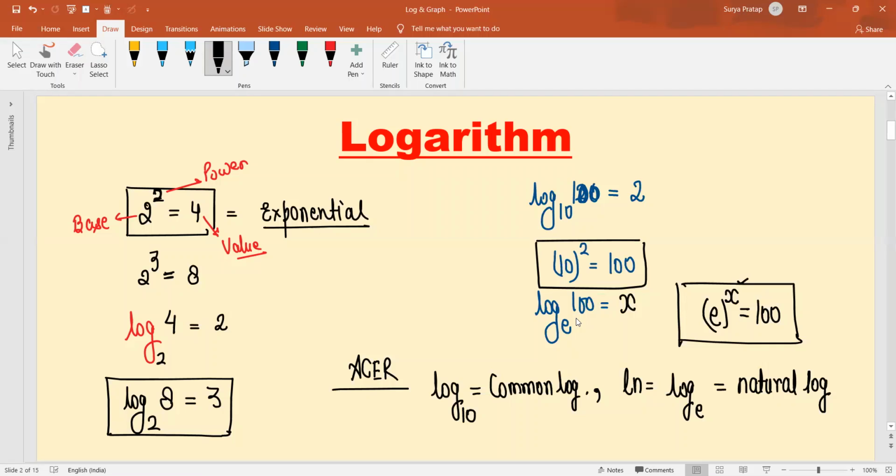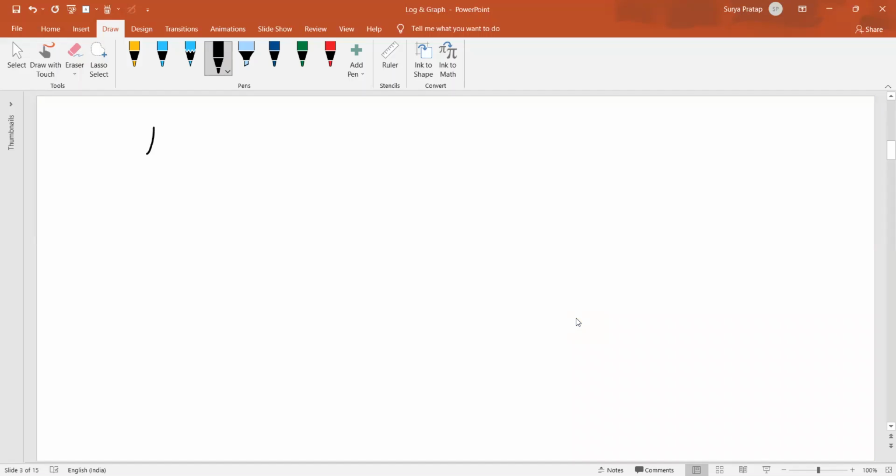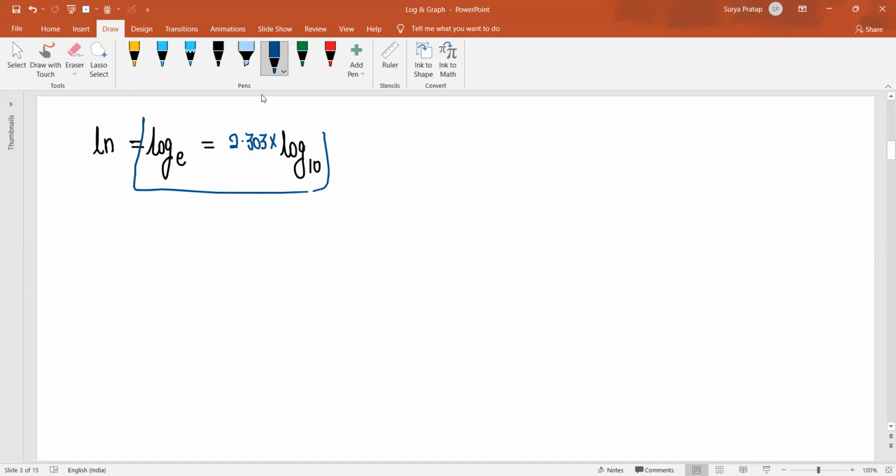If we want to convert log base e into log base 10, so that we can calculate the problem easily, what we do is, to convert log base e, which means ln, into log base 10, we just multiply it by 2.303 with the log 10, and now this log e will be changed into the log base 10.